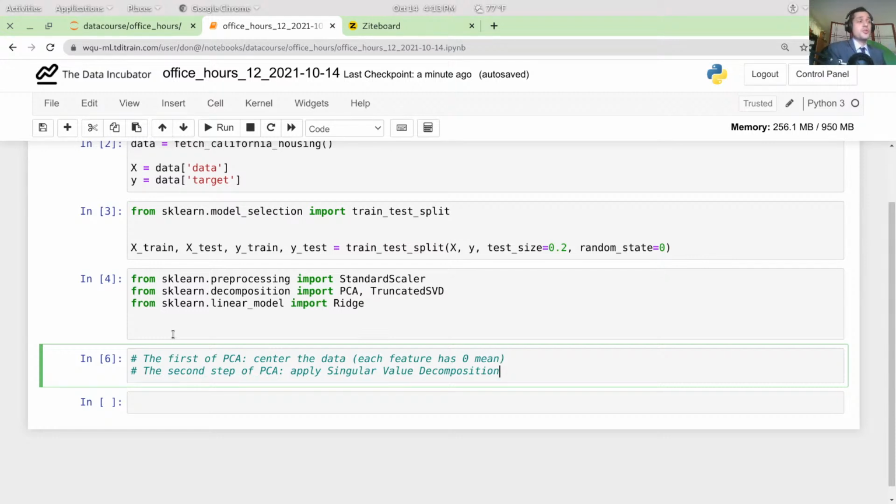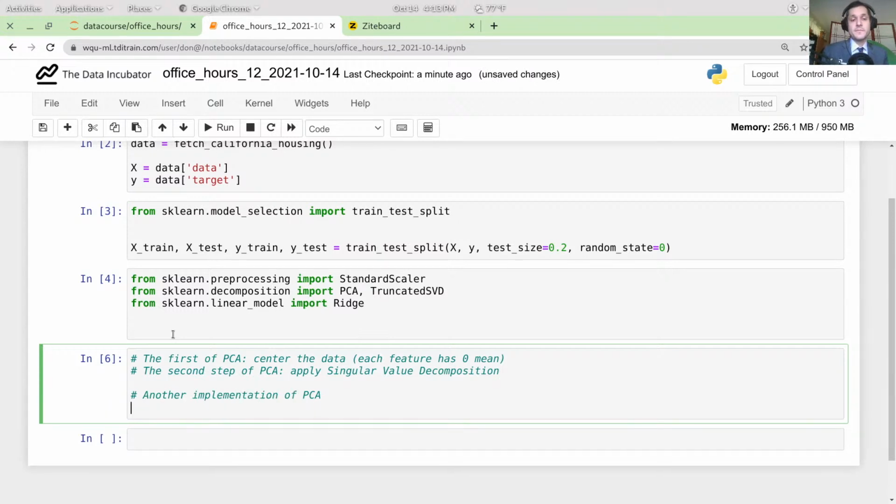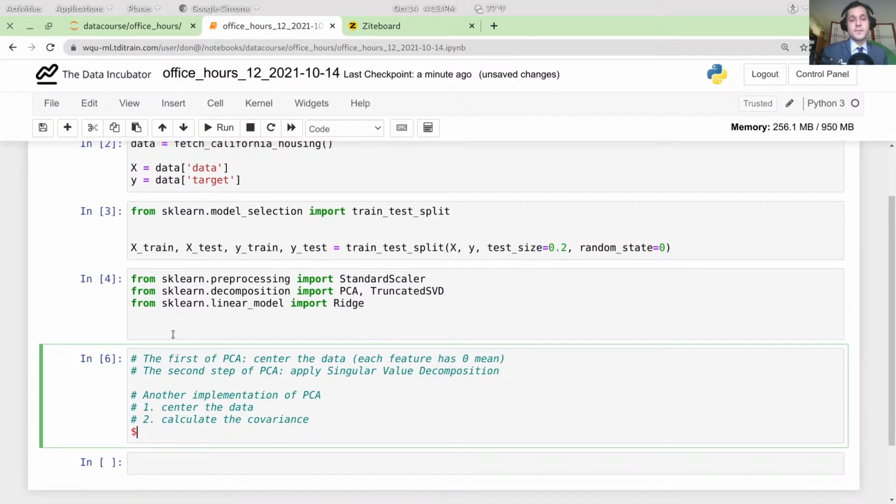There are other approaches. You can center the data. You can then calculate the covariance matrix. So this is another implementation of PCA: you center the data, and then next you calculate the covariance matrix, and you solve for the eigenvectors of that covariance matrix.